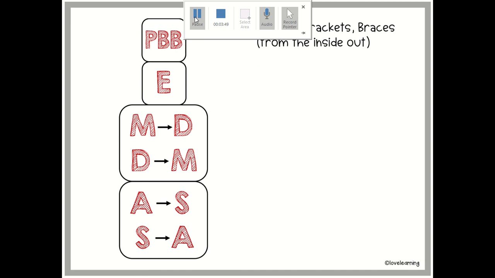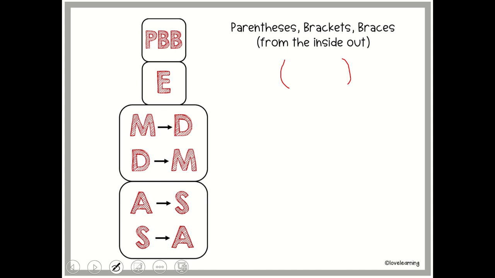Okay, so let's look at the order that we must solve expressions that have multiple operations. The first thing you have to look for is whether or not your expression has parentheses or brackets. They each look like this. Here would be your parentheses. This would be your brackets.